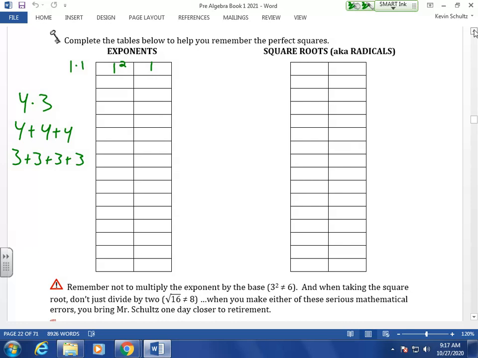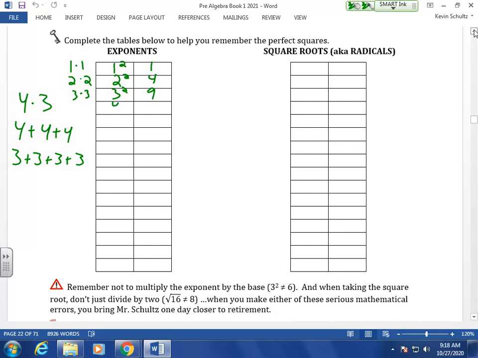So multiplication was kind of invented, so to speak, as a way to show repeated addition. Exponents were invented, so to speak, to show that we are repeatedly multiplying something times itself. So 2 squared, which is 2 times 2, gives us 4. 3 squared, 3 times 3, gives us 9.